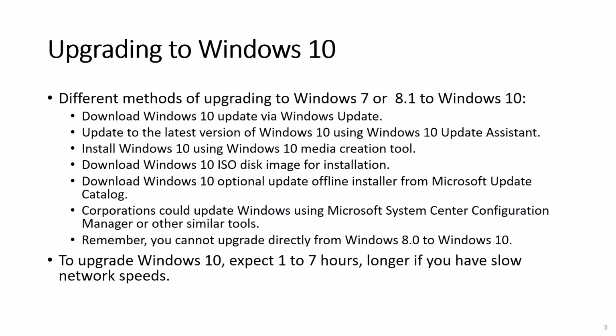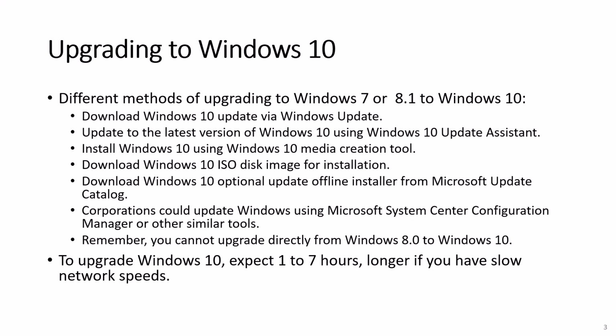There are several methods that can be used to upgrade Windows 7 or 8.1 to Windows 10. You can download the Windows 10 update via Windows Update, or you can use the Windows 10 Update Assistant. You can install Windows 10 using the Windows 10 Media Creation Tool. You can download a Windows 10 ISO disk image and install from the ISO file.